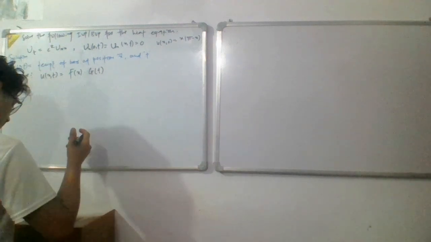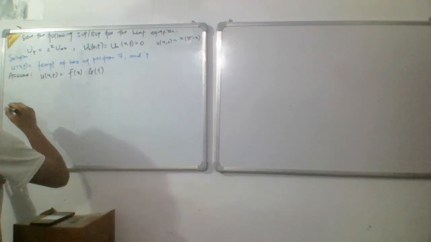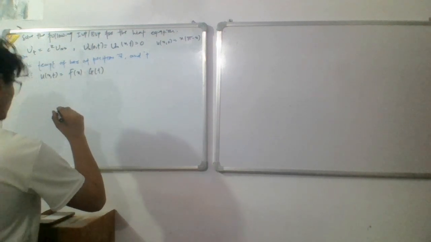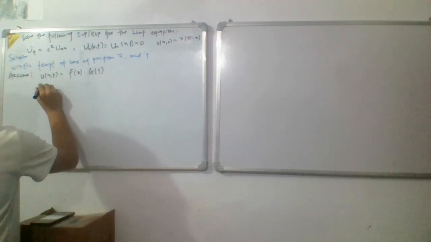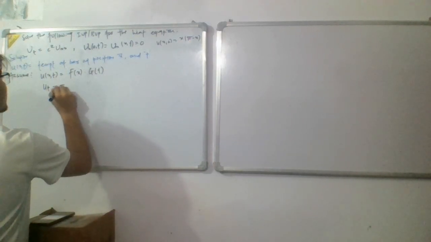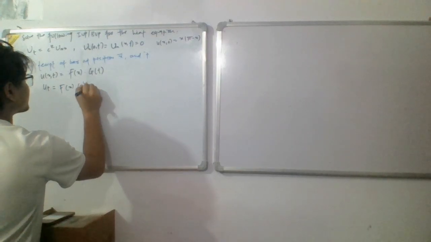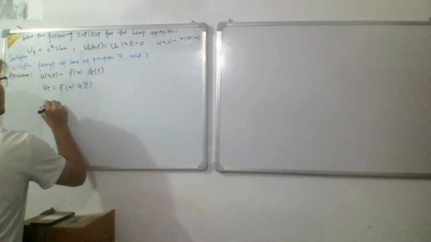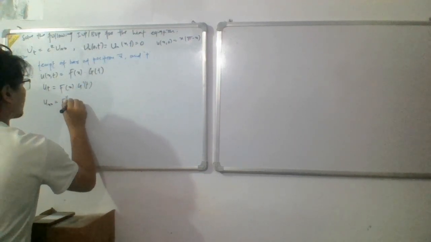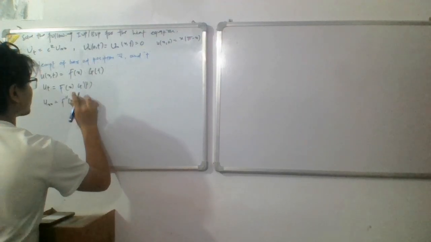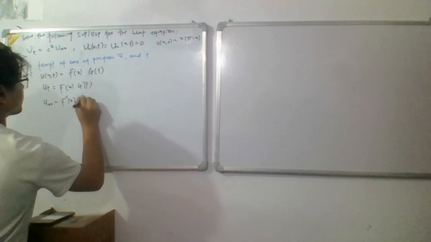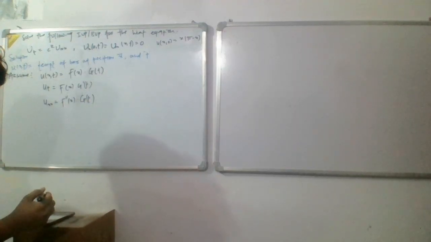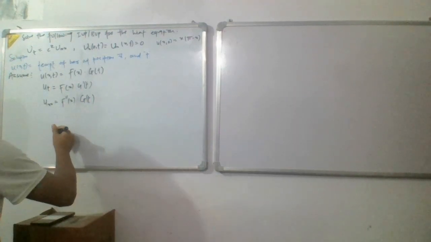Now let's play with it again. So what we do is, we try to find u_t equals F(x)G'(t), and u_xx equals F''(x) G(t), the second order derivative of x, not plus, it's a product.